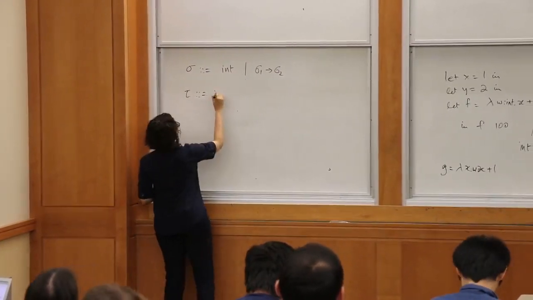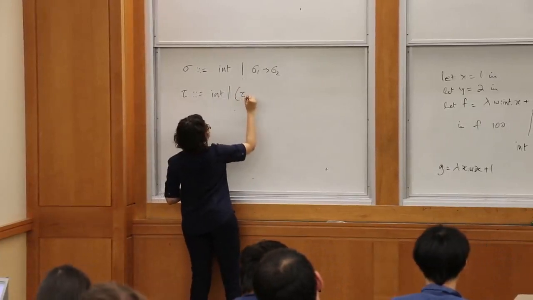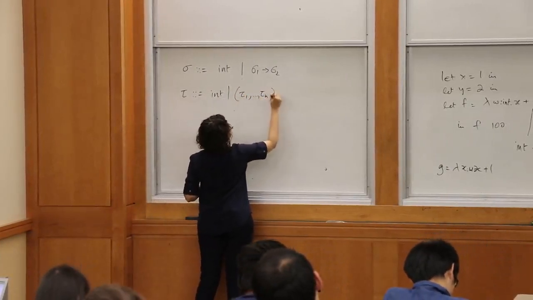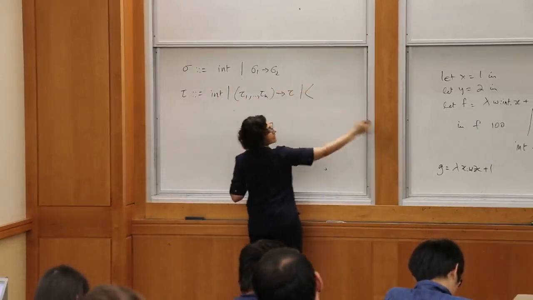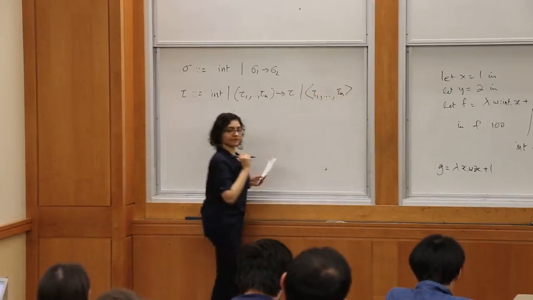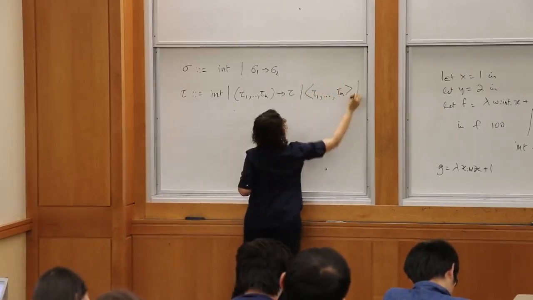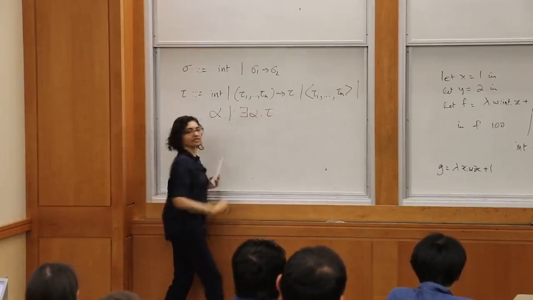So we will have int in our target language. We'll have multi-argument functions, tau 1 through tau n, arrow tau. I need to give myself tuples so that I can construct those environments. Okay, and then the last bit I need is the ability to create existential types.